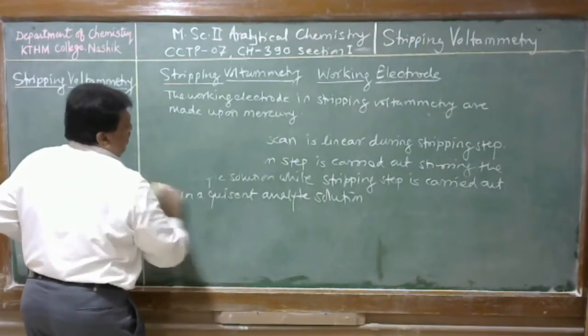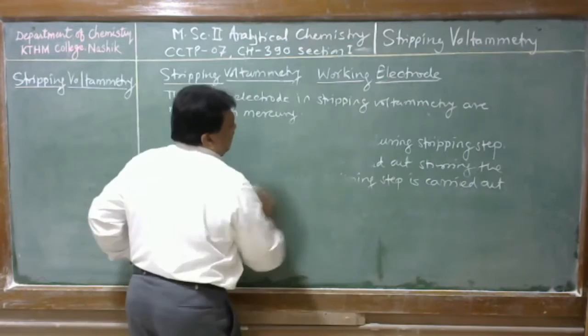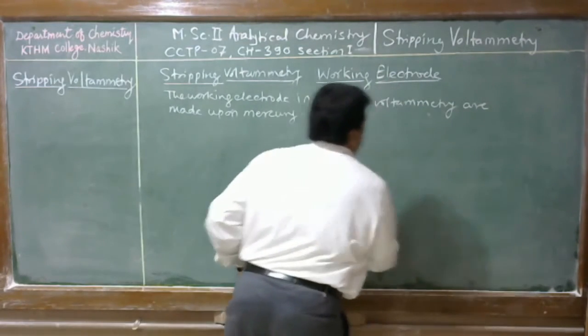Generally, mercury working electrodes are preferred in hydrodynamic voltammetry.